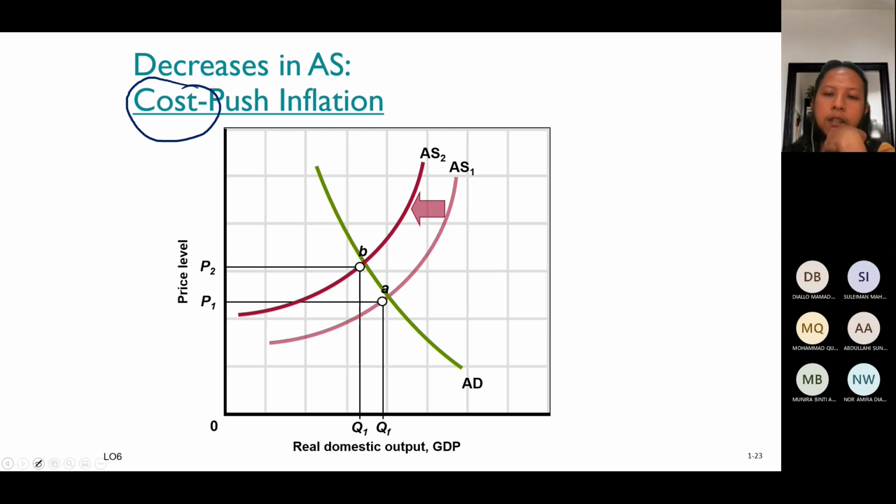Because the cost of inputs and the cost of doing business is higher, businesses eventually reduce the amount that is supplied, and because of the reduction of supply, price levels also increase. This is what is termed as cost push inflation.